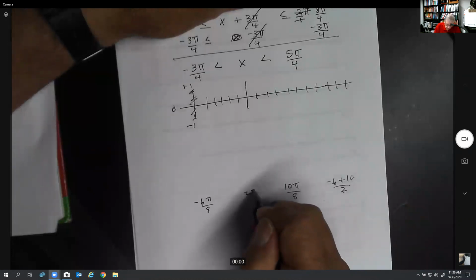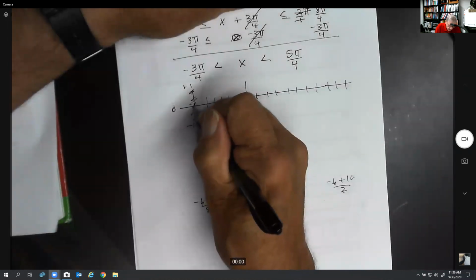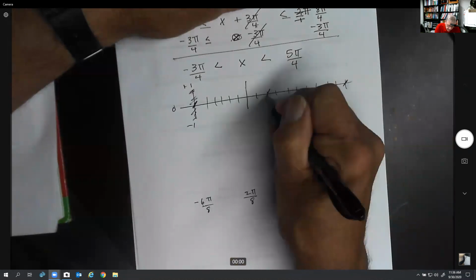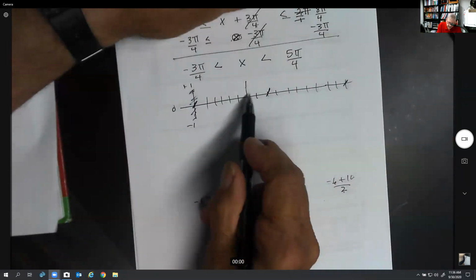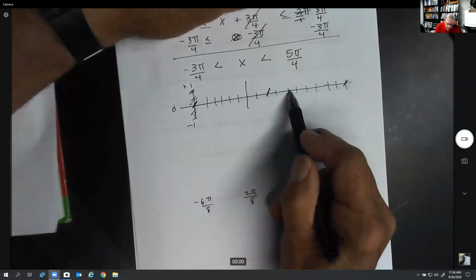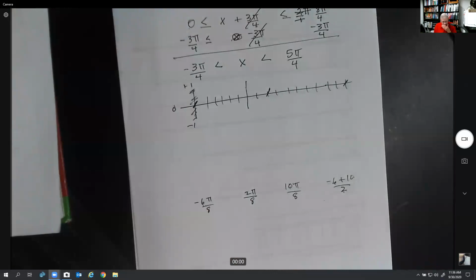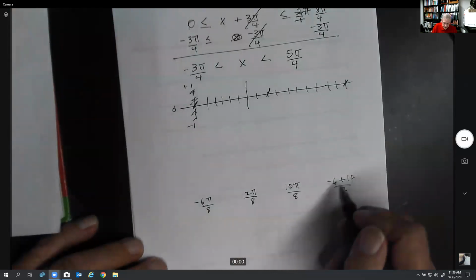The midway point is 2 pi over 8. Let's see if it looks like it would work. I'm going to make a mark here and count off 2. 1, 2, 3, 4, 5, 6, 7, 8. You see it's halfway in between. Okay, so I've got my midpoint right in there.